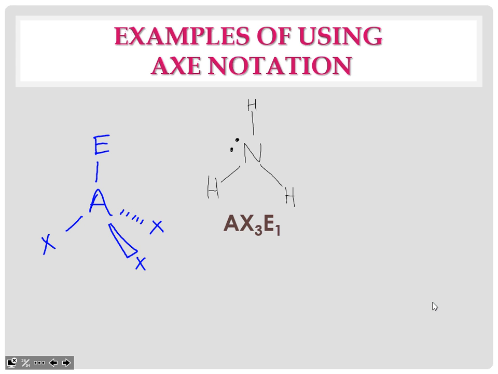So when I am drawing this out, I'm going to replace the A with what's in the middle, with N. Okay. I'm going to replace all the X's with hydrogens.